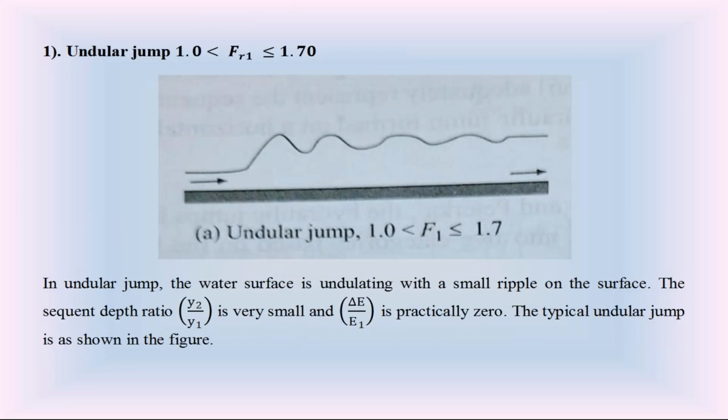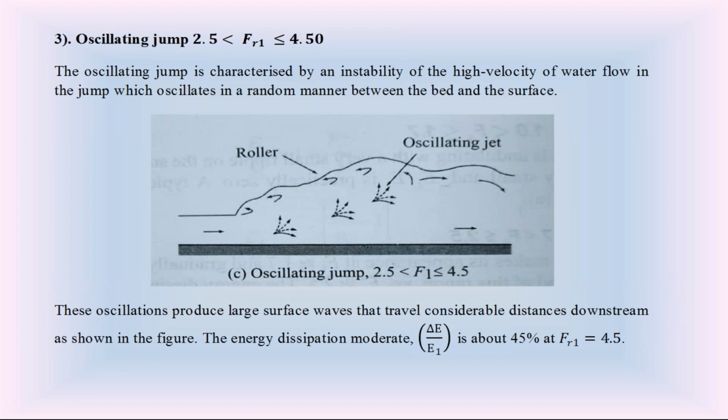Whereas in the oscillating hydraulic jump, the entire portion of water in the jump has rotatory motion, followed by some oscillatory motion of water flow. So when the Froude number before the jump is between 2.5 and 4.5, we call it an oscillatory hydraulic jump.